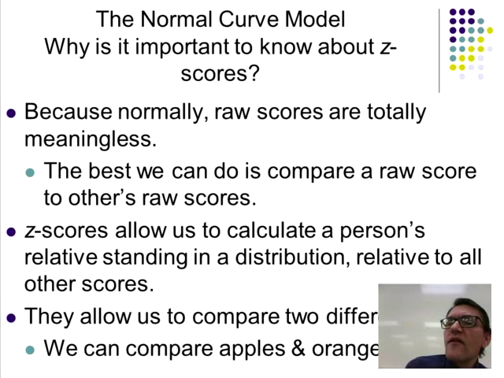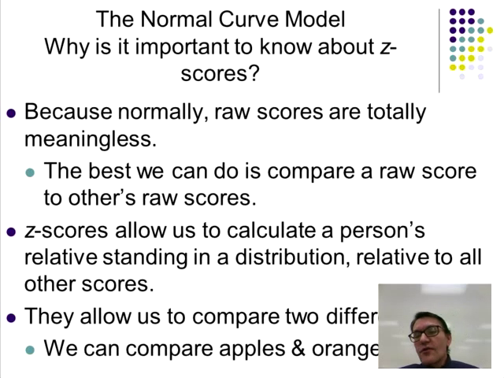So if you tell me you have a z-score of positive 1.6, I know that your score is higher than the average, higher than the mean, and quite a bit so. And so I know a lot of information about your score just knowing that z-score. It allows us to calculate a person's relative standing. As I said, you're positive 1.6, you're above the mean, and you're way above the mean.